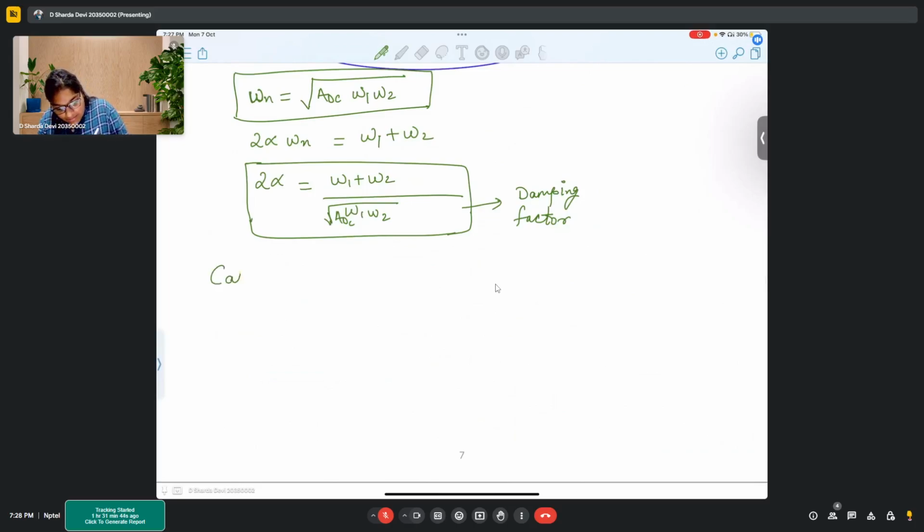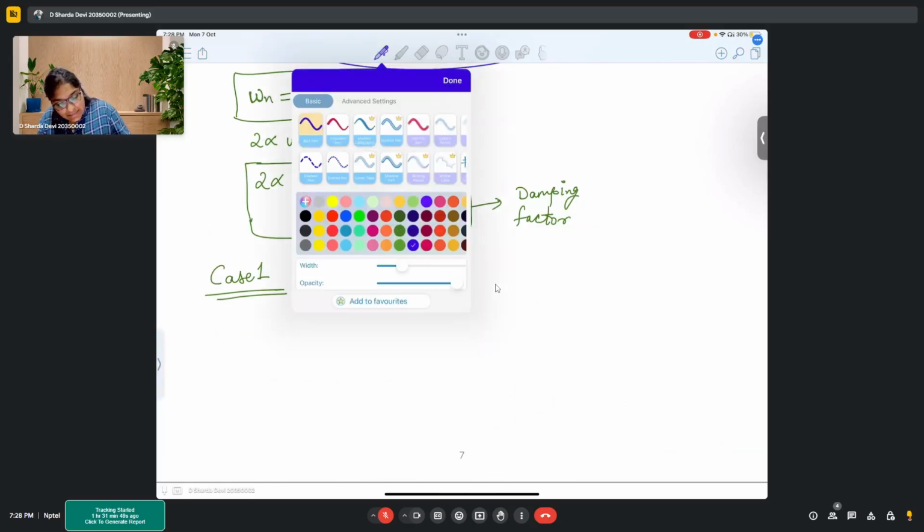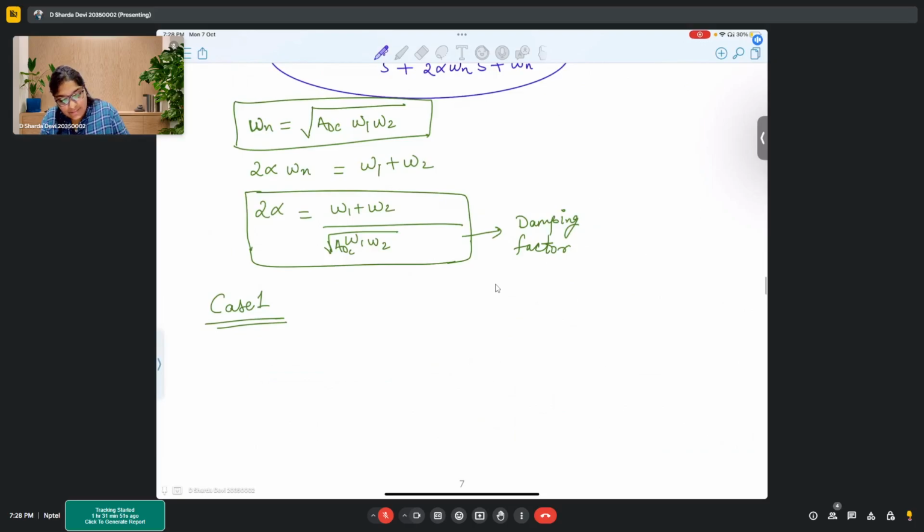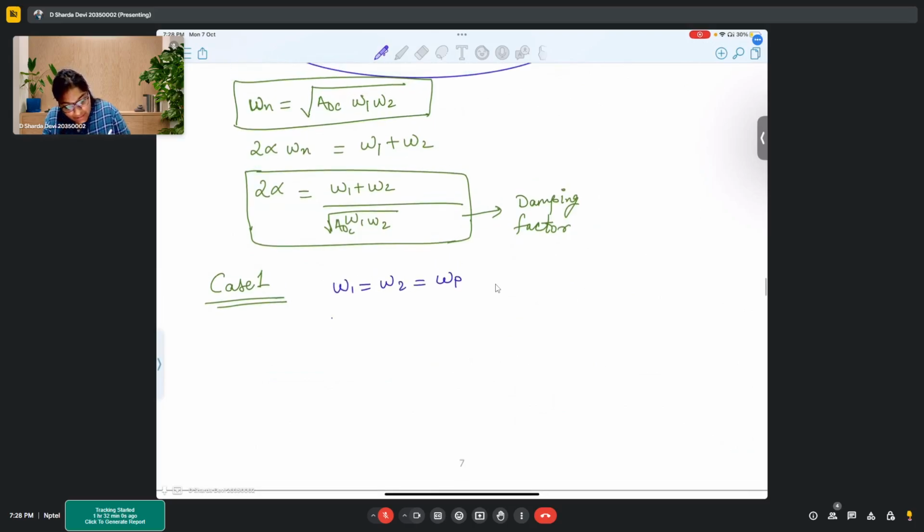So now let's say case one. In this case, I say so this is a two pole system. I say my both the poles are at same position, omega p. Okay, both the poles are at same position, which brings me to the point that omega n becomes root under ADC into omega p, and 2 alpha will become 2 omega p by root under ADC into omega p.